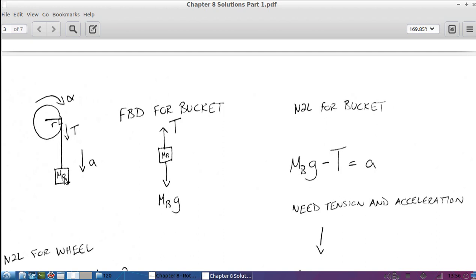So this bucket descending is going to cause a clockwise rotation of the wheel. So this alpha is in this direction, and I'm going to call that positive, so it matches this a, which is also positive. It's like one mass hanging, one mass sliding across a surface. There's 1 degree of freedom. I just have to pick the most convenient direction to be positive.